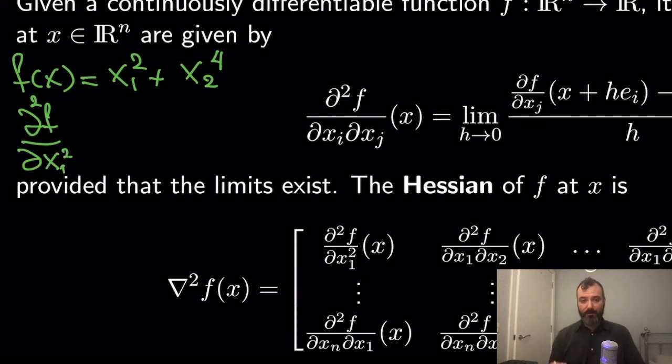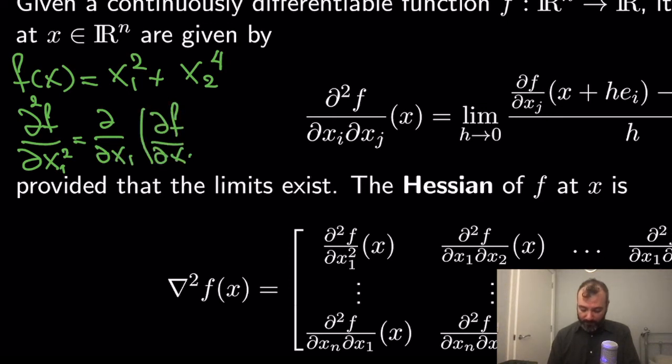This is the derivative with respect to x1 of the derivative of f with respect to x1. When I say derivative with respect to x1, I am treating x2 as a constant.